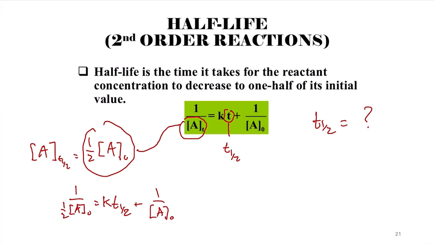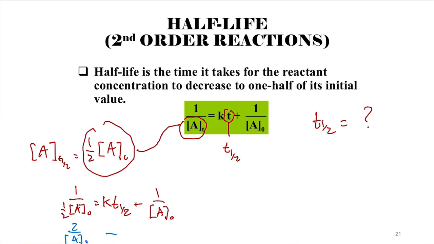Okay, so how do we rearrange this? How can we rewrite, let me get the laser pointer, this expression right here? How can we rewrite that? As 2 over the initial concentration? Yep, it's the same thing as writing 2 over the initial concentration. How do we know that?